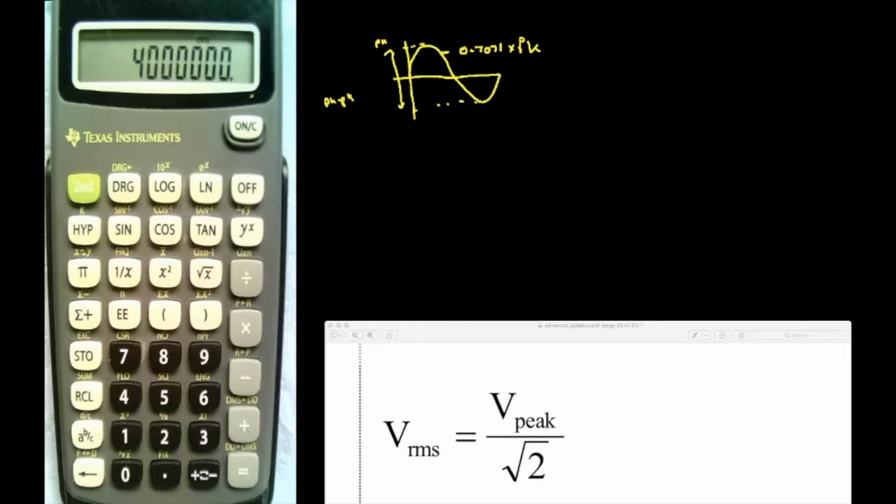So for example, if we had 10 volt peak and we had 7 volt RMS, the resistor would get equally as hot. Let's have a look at that.